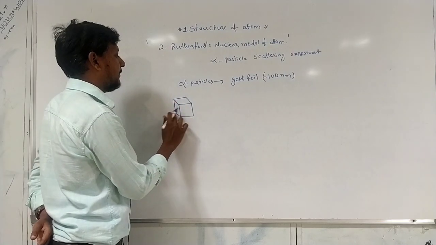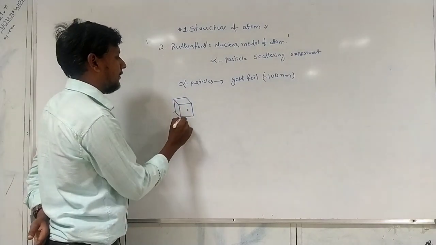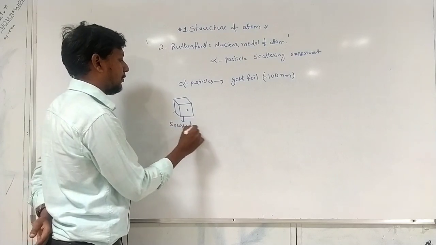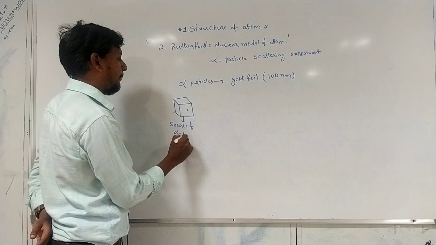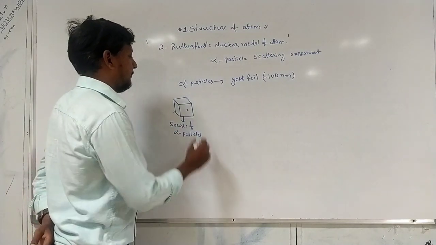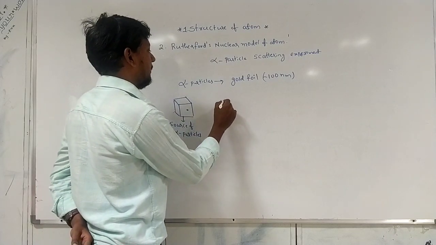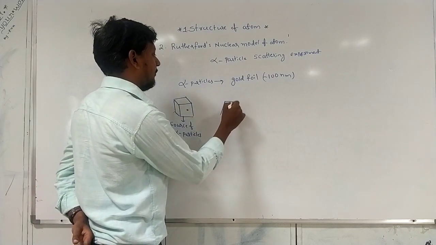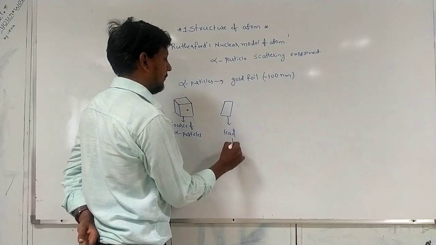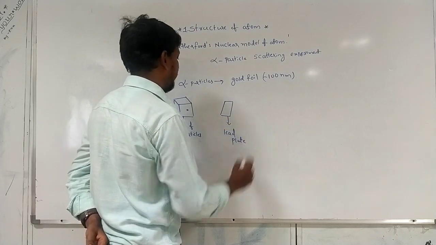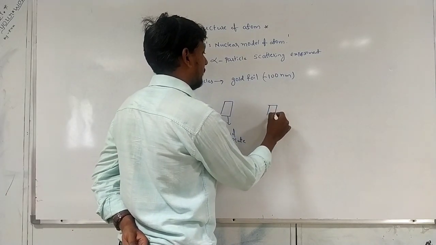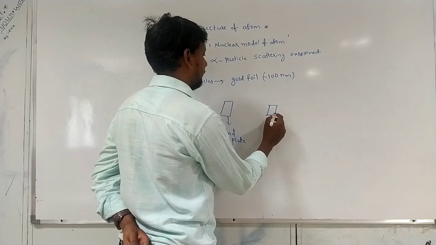for this experiment. This is the source of alpha particles. Here I am taking the lead plate. Next, this is the gold foil.